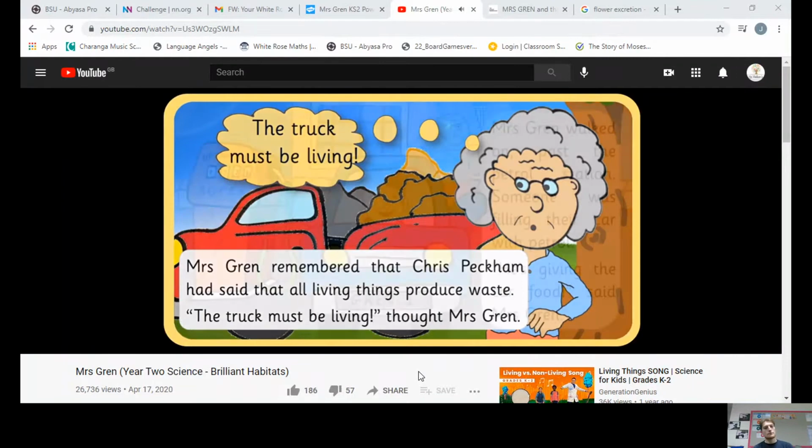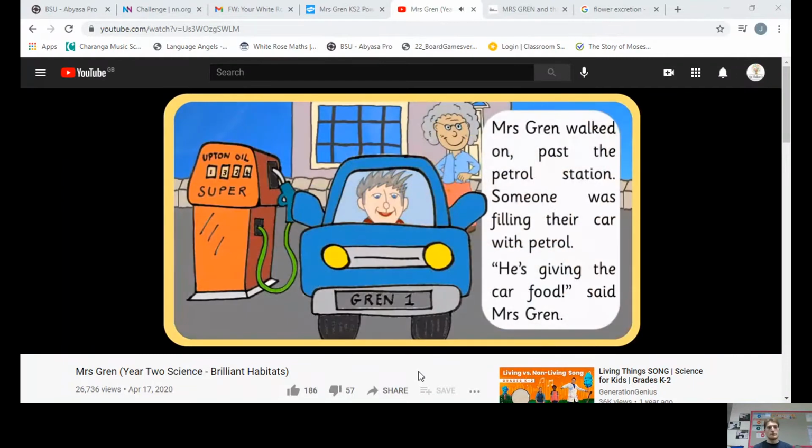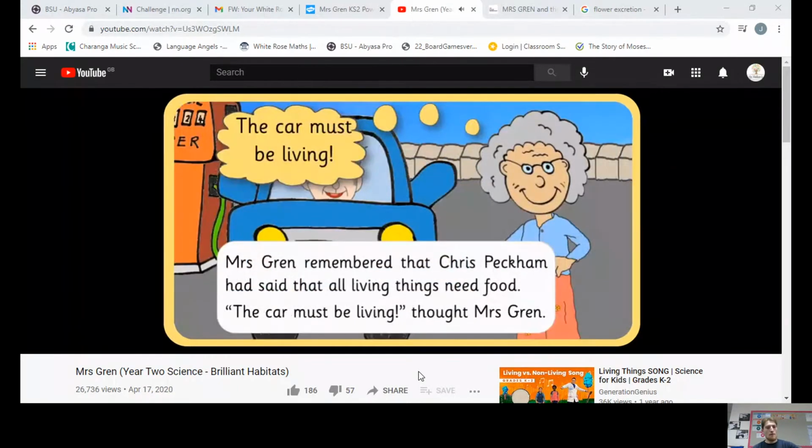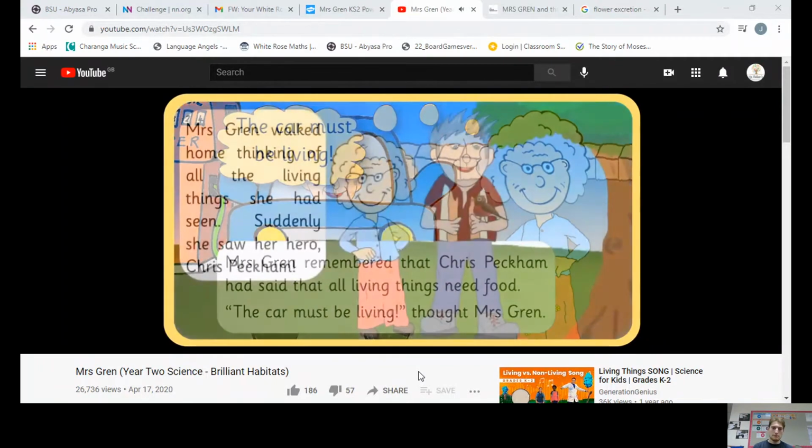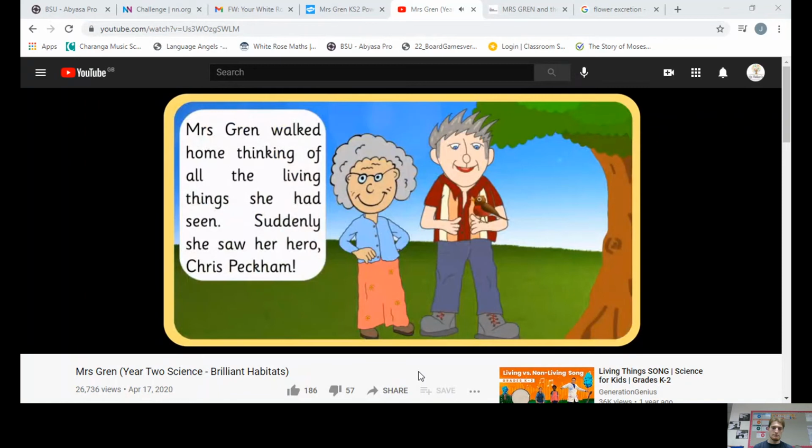Mrs. Gren walked on, past the petrol station. Someone was filling their car with petrol. Who's giving the car food, thought Mrs. Gren. Mrs. Gren remembered that Chris Peckham had said all living things need food. The car must be living, thought Mrs. Gren. Mrs. Gren walked home, thinking about all the living things she had seen. Suddenly, she saw a hero, Chris Peckham.